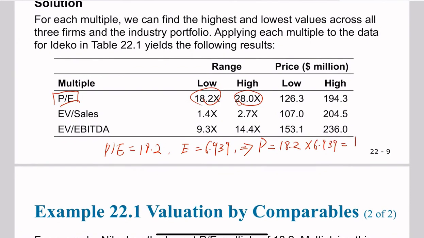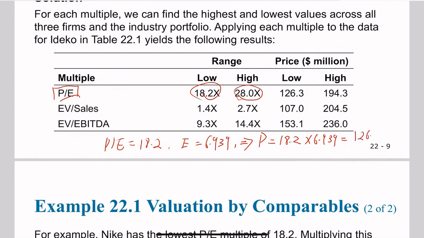This gives us 126.3, right? So that's how you get the number 126.3. Similarly, if you use the higher range, 28, then you will have 28 times earnings, which gives you a higher number, $194.3 million.